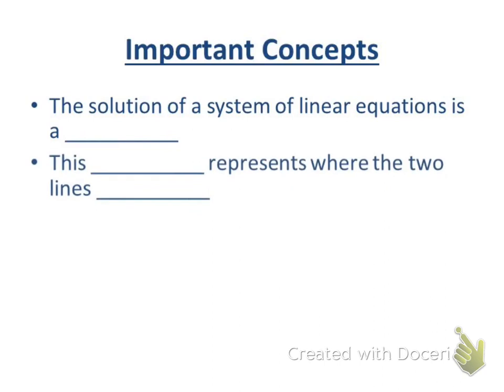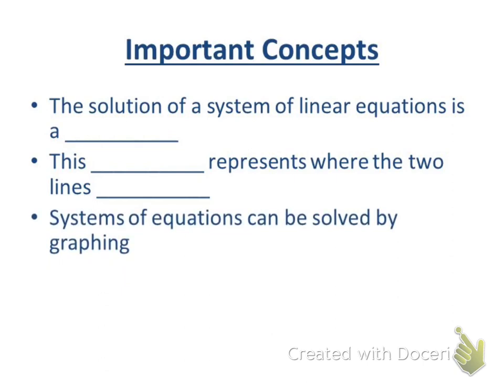Now, more specifically, this point represents where the two lines intersect. It is the intersection point of the system of equations, the two linear equations, or two or more. Because it is the point of intersection, one of the methods that we use up to this point is solving by graphing.